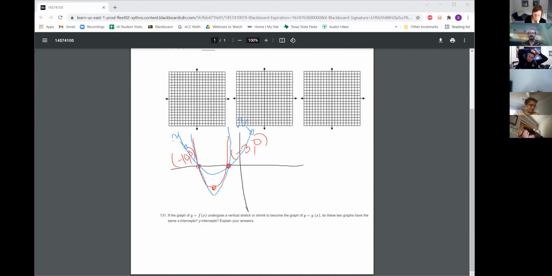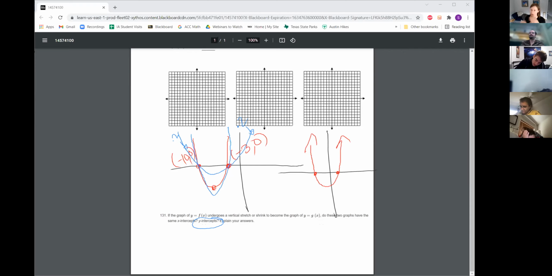Okay. Now we'll talk about the y-intercepts because that's the second part of the question. So I can draw another graph. For our y-intercepts, let's say this was our first graph. I'll just make one up again. And again, my x-intercepts can't change because they're 0.